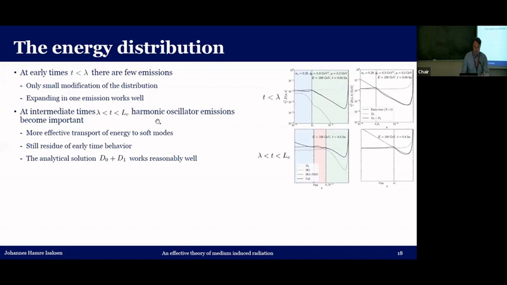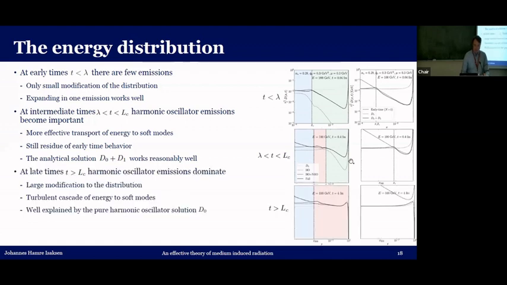However, at intermediate times, you can see that harmonic oscillator emissions become important, and so more energy is transported from the hard sector here to the soft modes. But there is still some residue of this early time behavior. And you can also see that this mixture solution, the D0 plus this one hard splitting, gives you a qualitatively good match to the actual curve here.